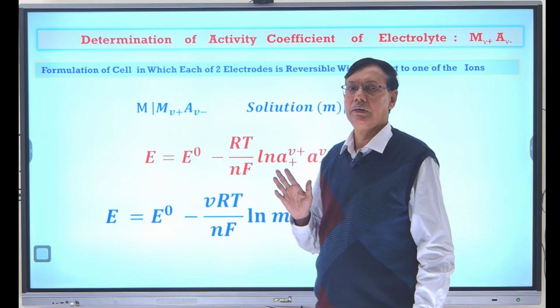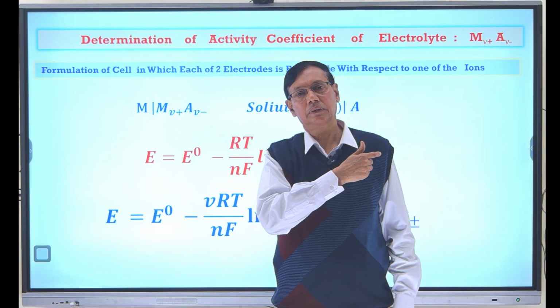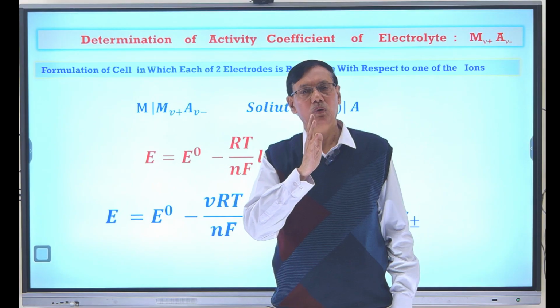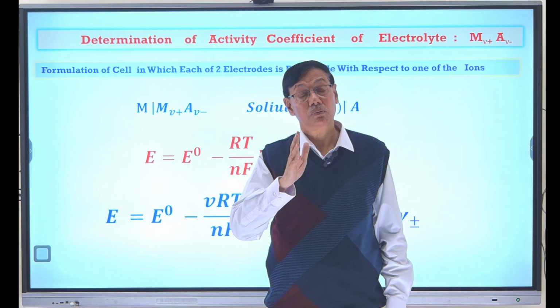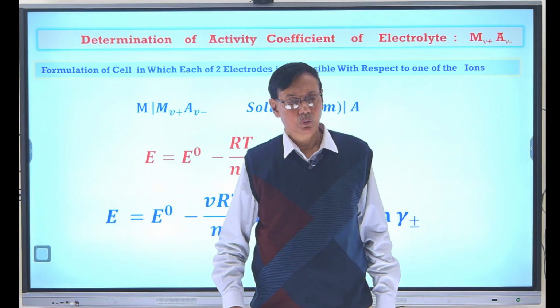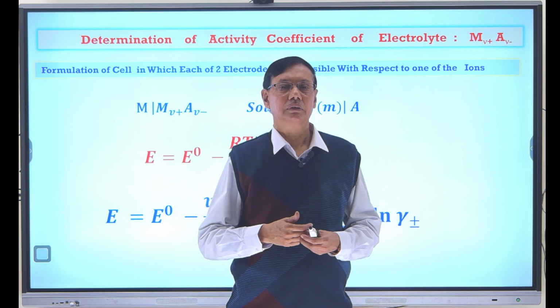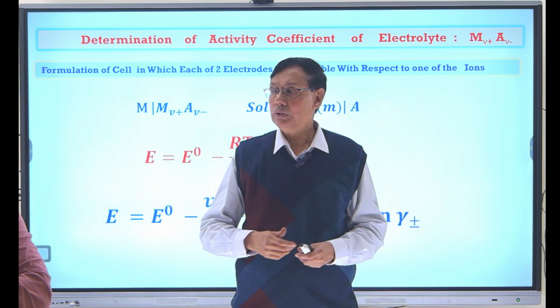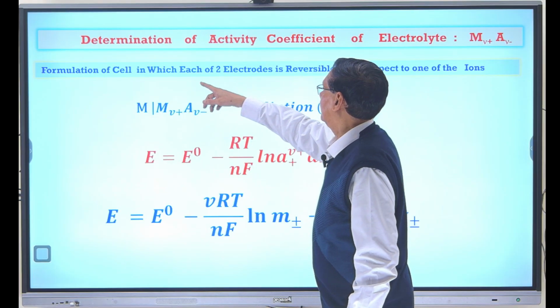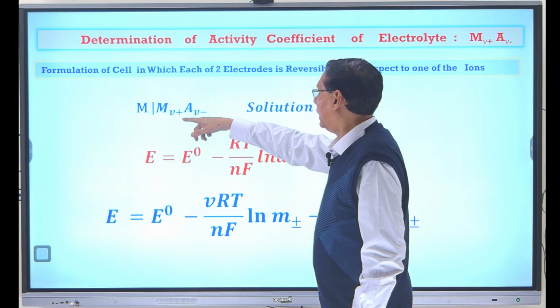लास्ट पार्ट ये हो गया कि नाउ आई डिस्कस अबाउट दी ओनली हाइड्रोक्लोरिक एसिड वेयर मोलरिटी इज m. सपोज you want to determine the potassium chloride or you want to determine zinc sulfate. So the common formula is like that. First, you have to formulate a cell.